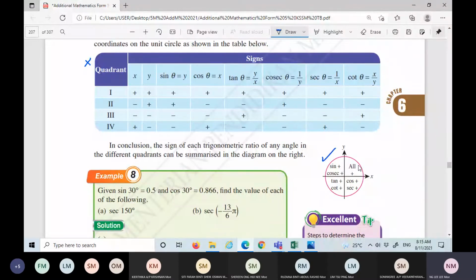Last time during my school time we would remember because I was learning in Bahasa. So this one will be semua, because all. Sine is sine, tangent is tangent, and cos is cos.